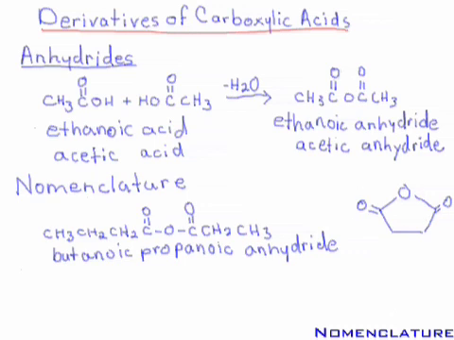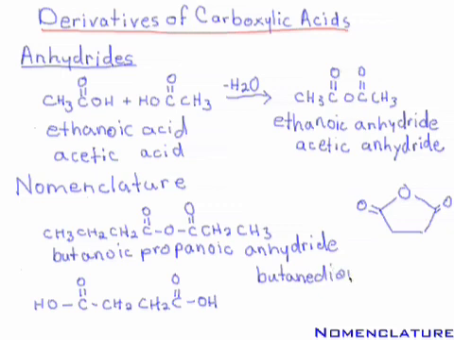This anhydride right here formed from a dicarboxylic acid. There are 4 carbons in that ring. This is a 4-carbon alkane. The IUPAC name for this molecule is butanedioic. Hence, this molecule would be butanedioic anhydride.